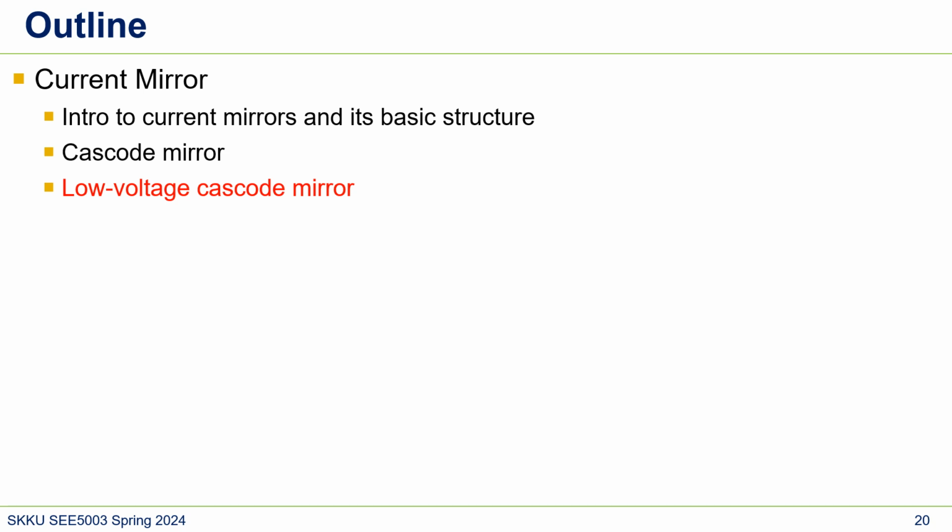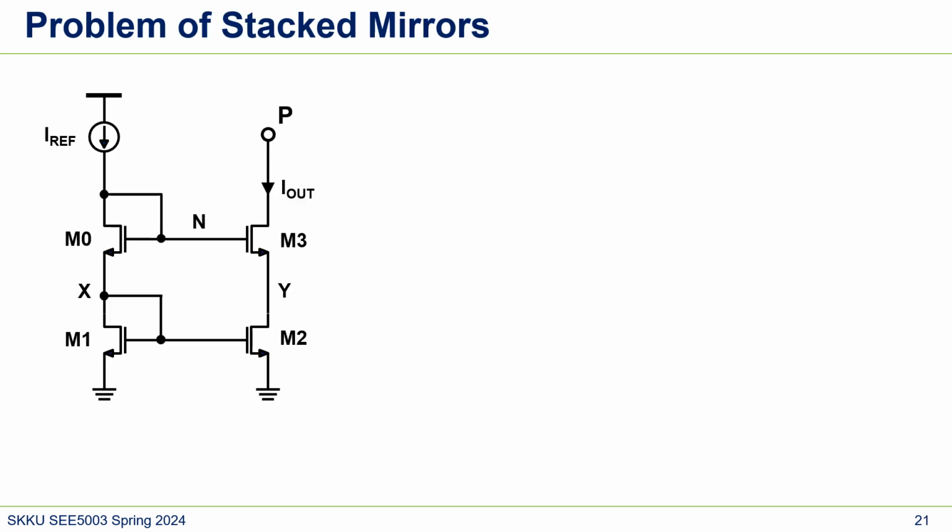Next, let's see some further circuits, because in the cascode mirror, we have a voltage headroom issue. So we will see several techniques that can overcome the headroom issue. To improve the circuit, we have to see whether it's even possible.